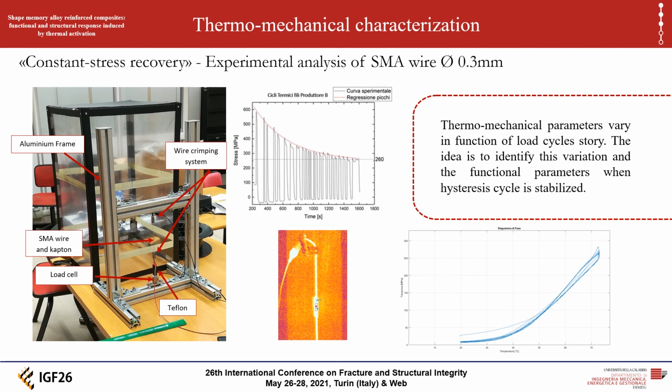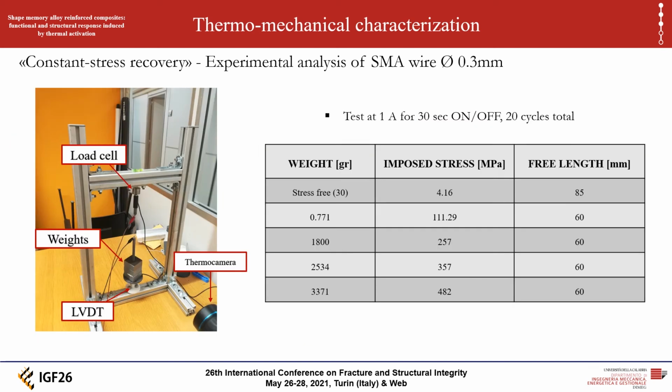This observation calls for a deeper analysis to understand stable operating conditions. To get the main parameters such as stress, strain, and transformation temperatures, a frame has been built for our purpose. By acquiring the signal through a load cell, a linear variable displacement transducer, and an infrared camera, the shape memory properties were evaluated.